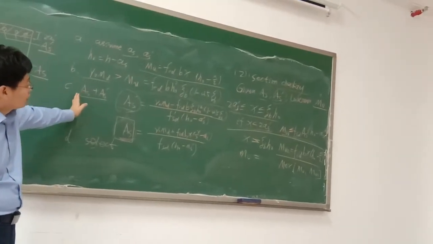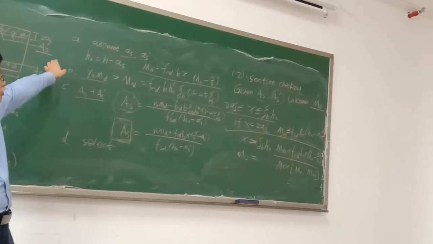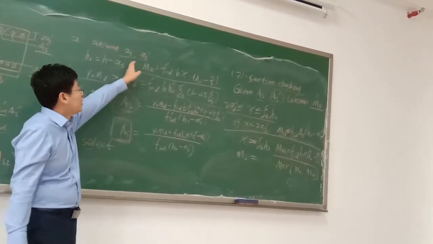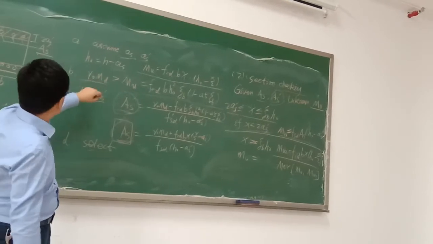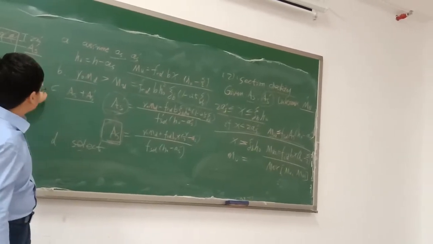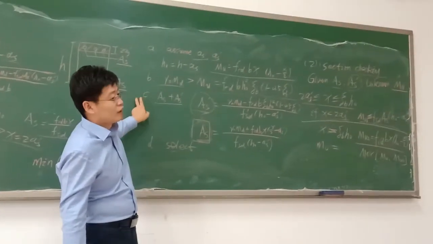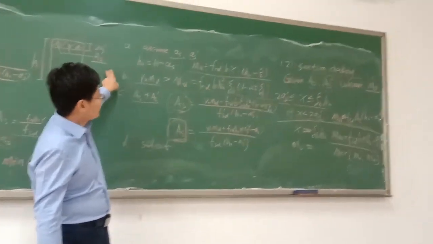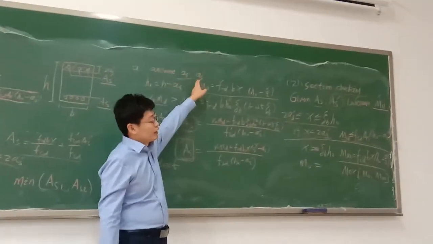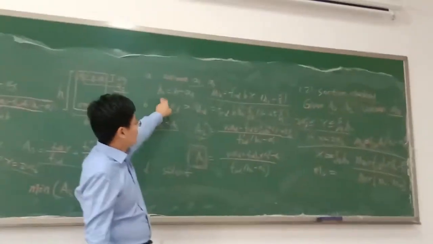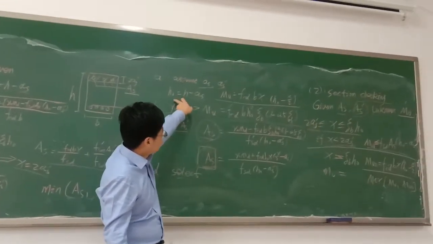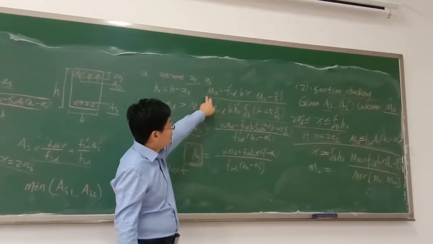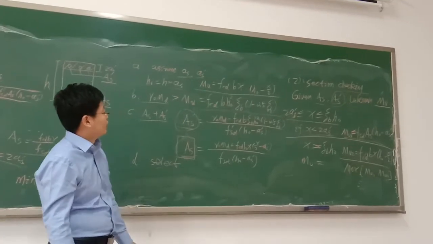The first condition asks you to calculate As and As dash. For this situation, you need to assume As and As prime, and then get h0, get this mu.